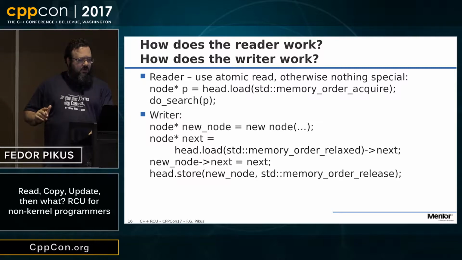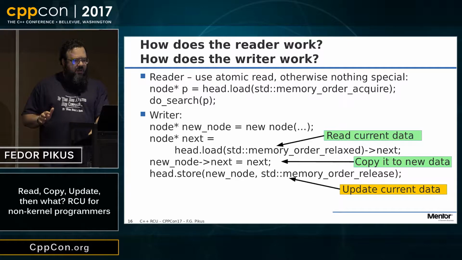Okay, so let's look at what's happening here, kind of take it step by step. Well, the reader, there isn't really any steps. You just read the head and scan. On the writer, there are actually three separate actions. I can read the current data, what's there. I'm going to copy it to the new data, at least partially. I'm going to modify it.